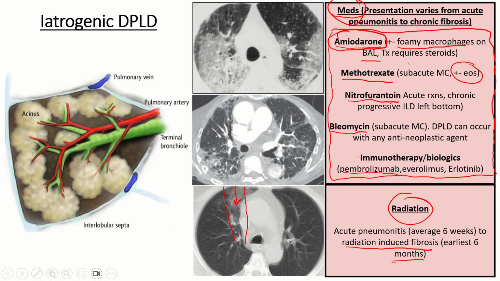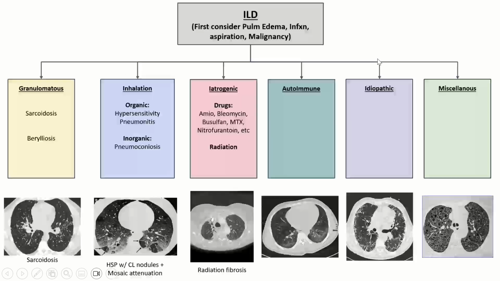Anytime you're working up diffuse proliferative lung disease when it's on your differential, consider asking them about radiation as well as any newer chronic medication use, especially chemotherapy, methotrexate, nitrofurantoin, and amiodarone. That's end of part one.